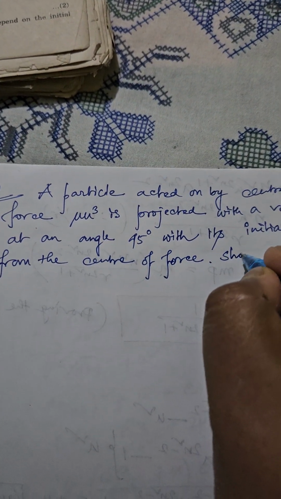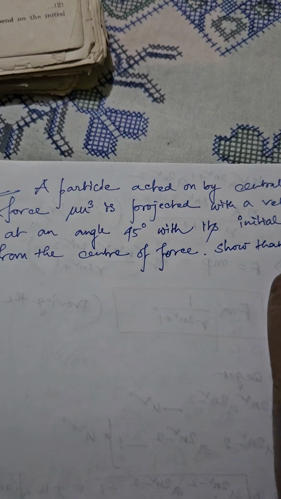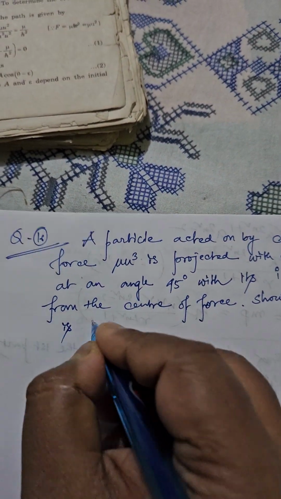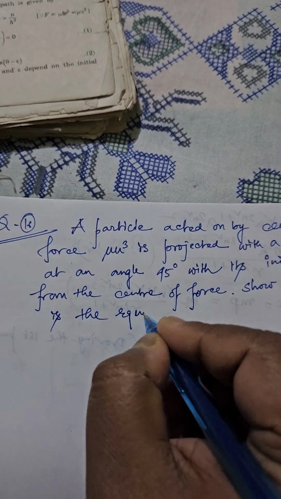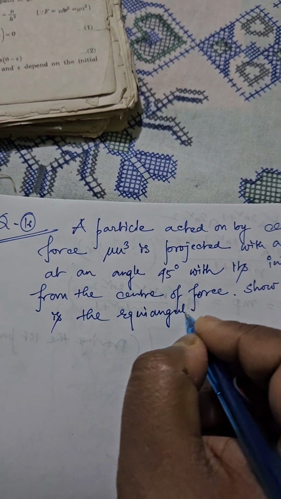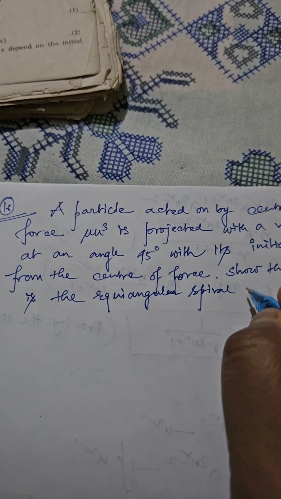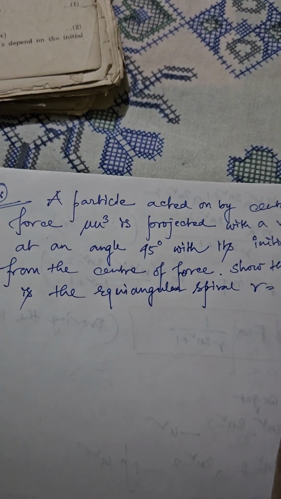Show that its orbit is the equiangular spiral r is equals to a to the power minus theta.